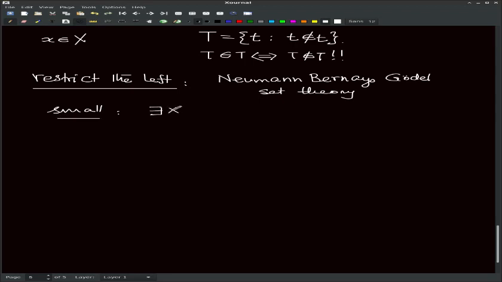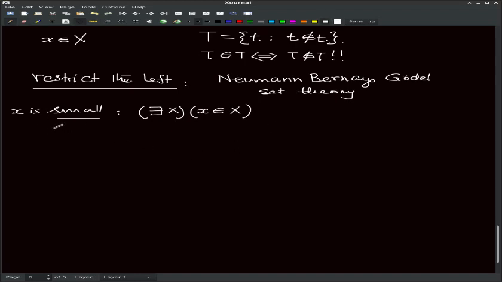X is small if there exists a set Y such that X belongs to Y. So a set is small if it is capable of being an element of some set. That is the meaning of it being small.